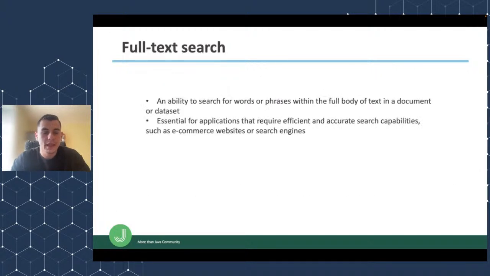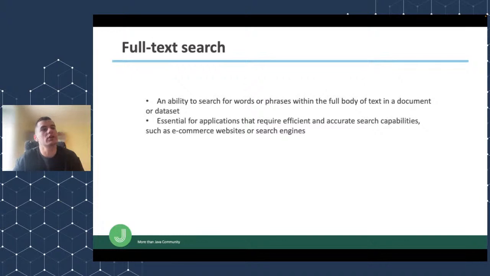So we talked a lot about full text search. What does it mean? It's the ability to search for words or phrases within the full body of text in documents or datasets. It is essential for applications that require efficient and accurate search capabilities, such as e-commerce websites or search engines, or any kind of big data solution.